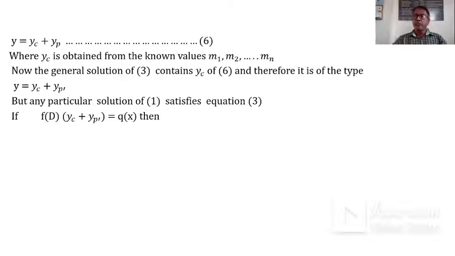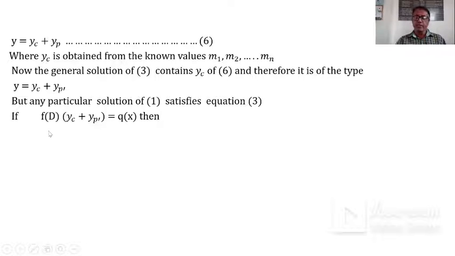But any particular solution of the given non-homogeneous linear differential equation 1 satisfies equation 3, that is g(D) f(D) y = 0. Therefore, this yc + yp' must satisfy the given differential equation 1, meaning f(D) of (yc + yp') = q(x).